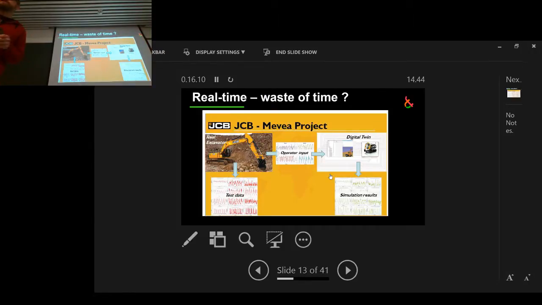It's Unity as well. So it's highly realistic, like pretty much all the good games. I mentioned that sometimes I hear the story that real-time is a waste of time. This is based on the claim that real-time models are not an accurate representation of reality.